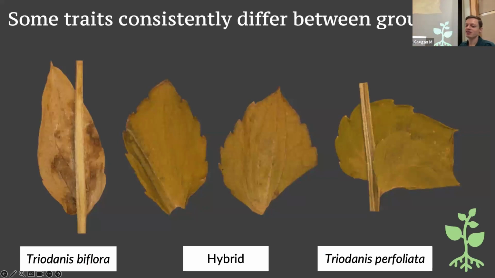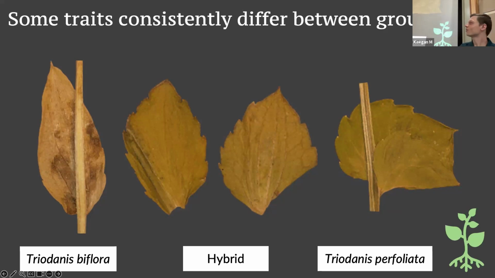Now, I also want to discuss what traits were consistently important for distinguishing between groups. So I found that leaf width, clasping, and the total number of closed flowers were the traits that differed significantly between all three groups. And these were the most important traits of those investigated in our study for distinguishing between groups. These are consistent with taxonomic keys, previous studies, and our own morphology-based determinations.